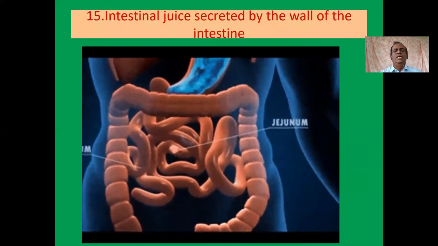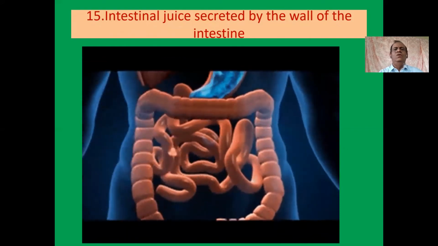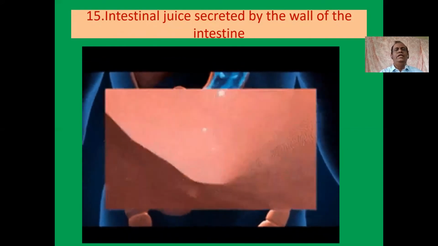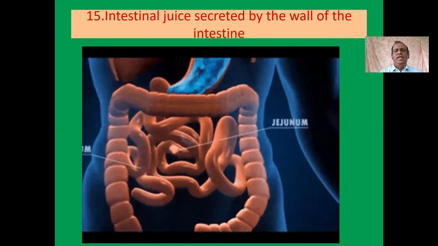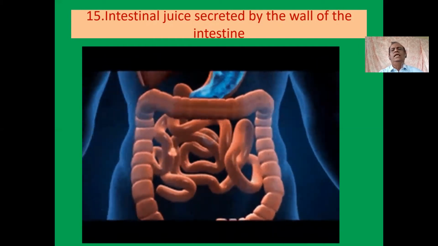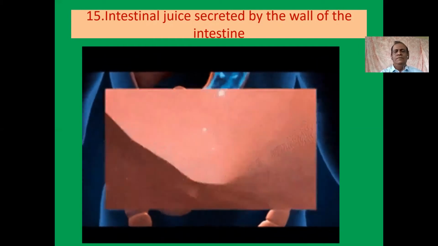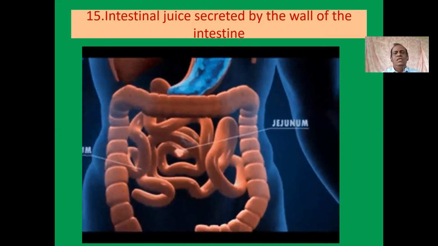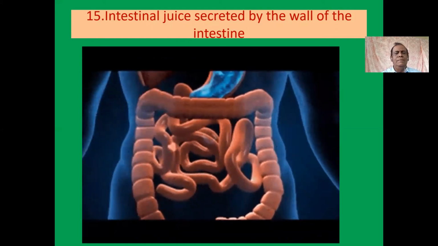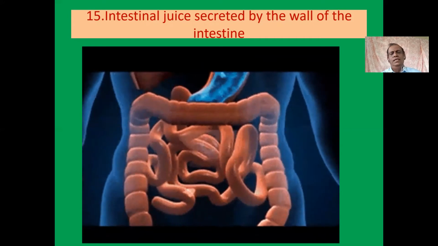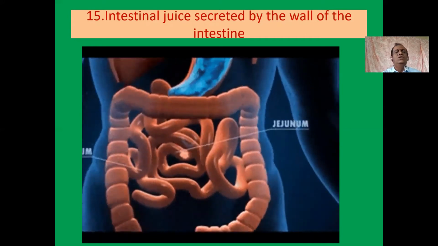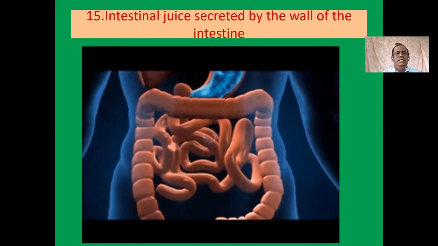Further digestion takes place. You see the intestinal gland also there. That secretion is known as intestinal juice, secreted by the walls of the intestine. Some part of the digestion, or the last part of the digestion, also takes place in the intestine.